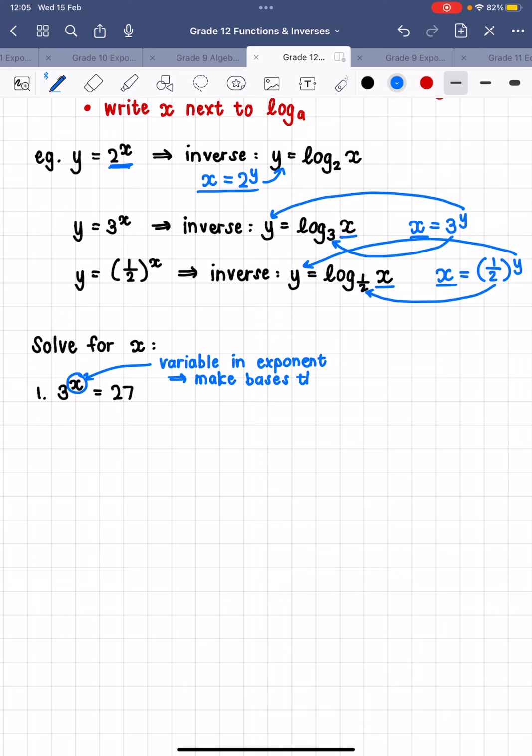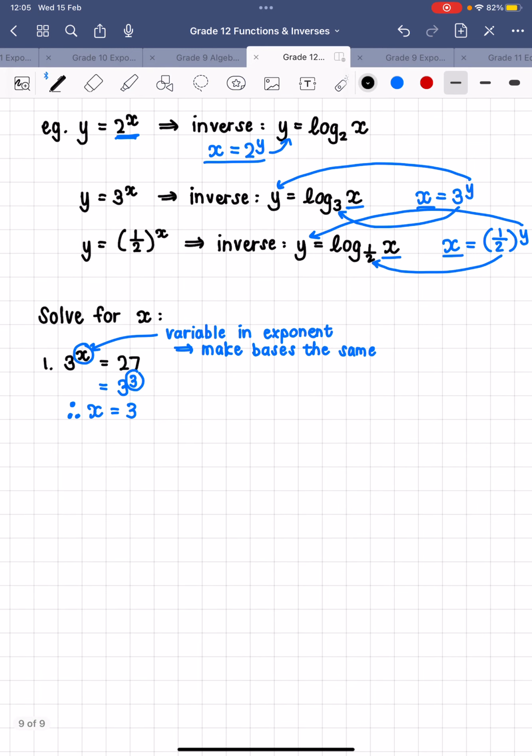So I have 3 to the power of x equal to 27. The 27 I also need to write as 3 to the power of something. Now 27 is 3 to the power of 3. Now that means if we have 3 to the power of x equal to 3 to the power of 3, that x would have to be 3.